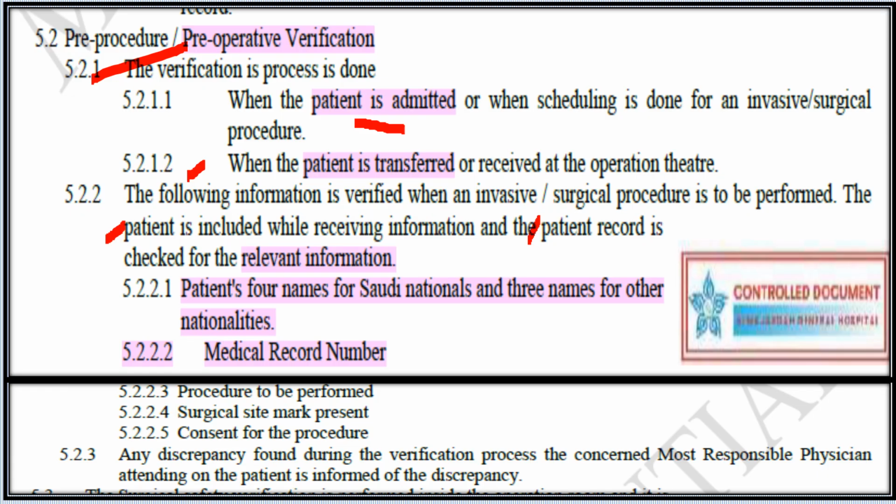The patient, including the patient record, is checked for relevant information: the patient's four names for Saudi nationals and three names for other nationalities, the MRN or medical record number, the procedure to be performed, the surgical site mark present, and the consent for the procedure. Now, for any discrepancies, you have to inform the most responsible physician.